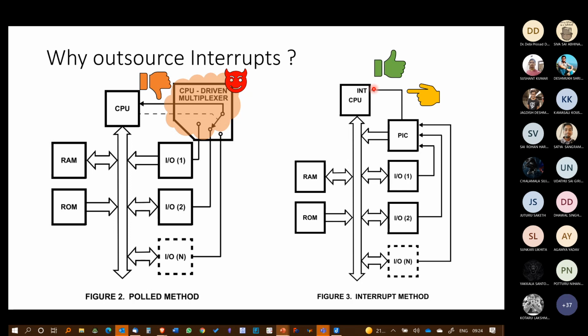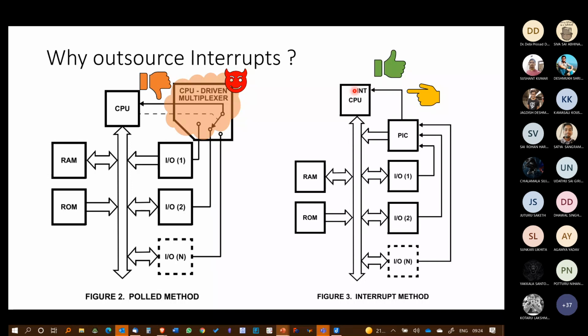So that is the mechanism by which this outsourced interrupt works. Why did we say we outsource the interrupt? Well, that's because if there was only one IO device, you could have directly allowed it to interrupt the CPU. But since there is more than one IO device, we need an interrupt contractor to handle all these interrupters. Right? So the contractor gets the call from the interrupter, and the contractor talks to the CPU.